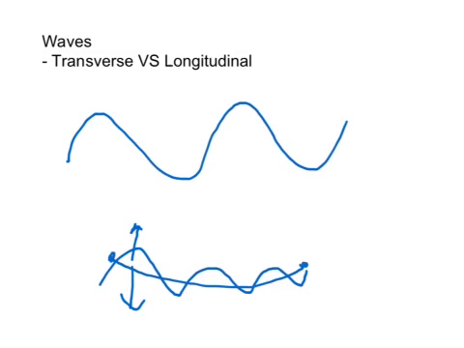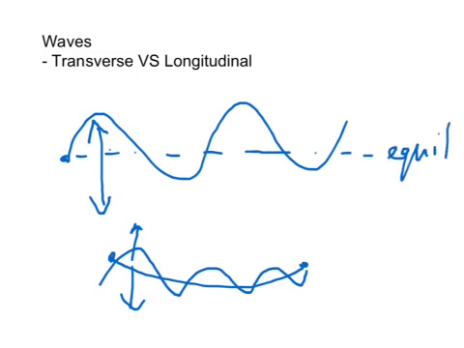Now, if we're considering the sine curve, the movement of the skipping rope to form the sine curve is side to side, and there's a position in the middle that we might call an equilibrium or a static position, and the rope is moving either side of that.